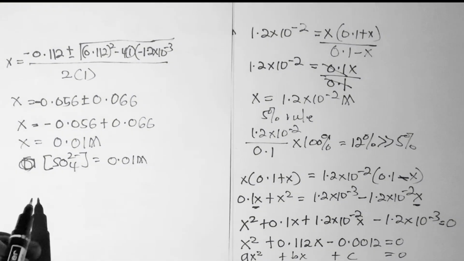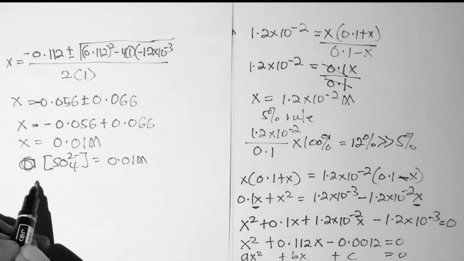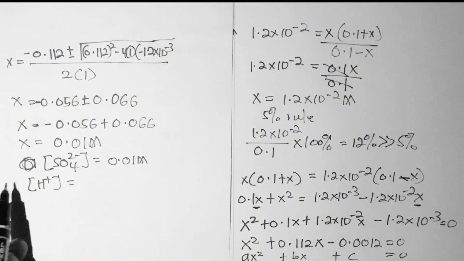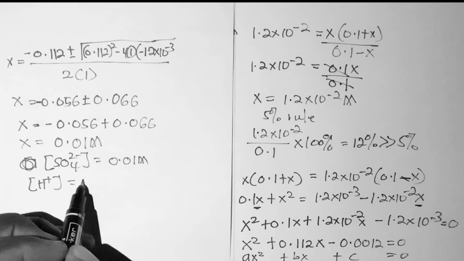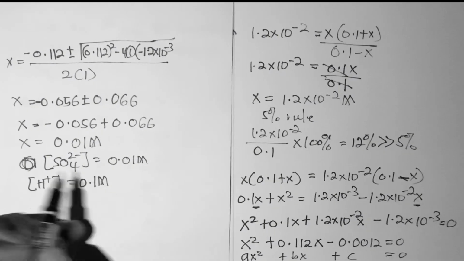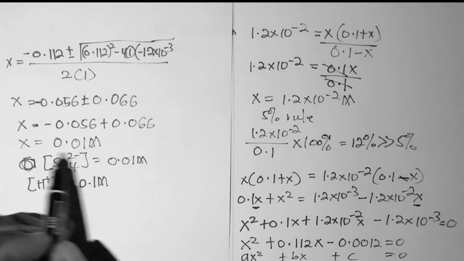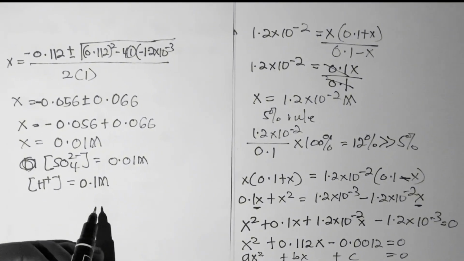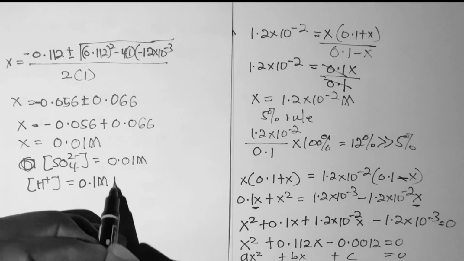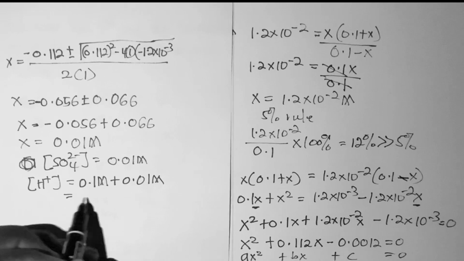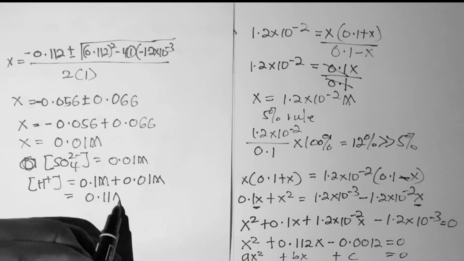Now, the concentration of the other species, the H plus ions, will be equal to the original concentration that we had, which was 0.1 molar, plus the concentration coming from the dissociation of the HSO4 minus, which is plus 0.01 molar. So this is equal to 0.11 molar.